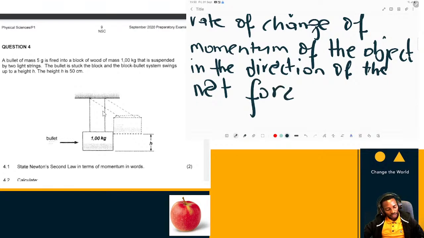So that is Newton's second law in terms of momentum in words.